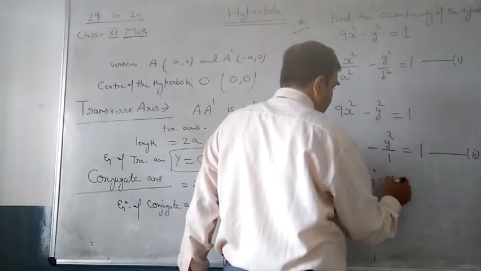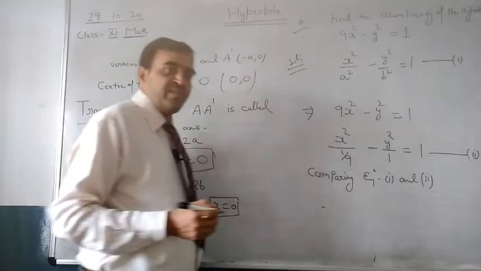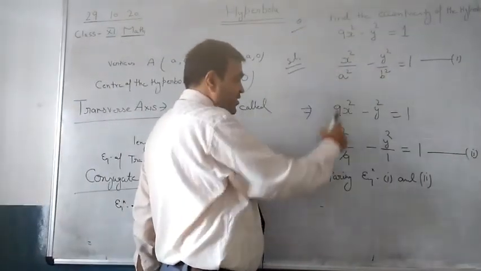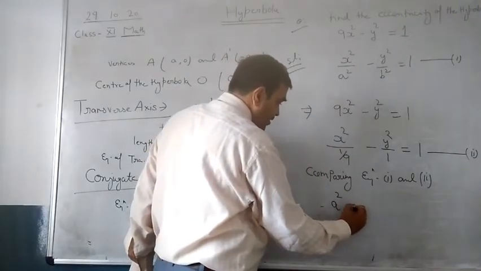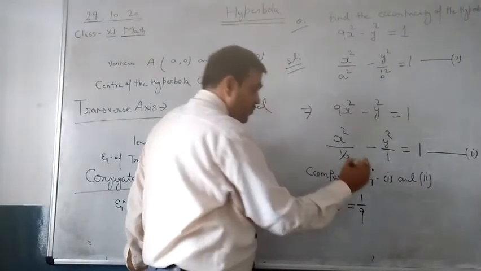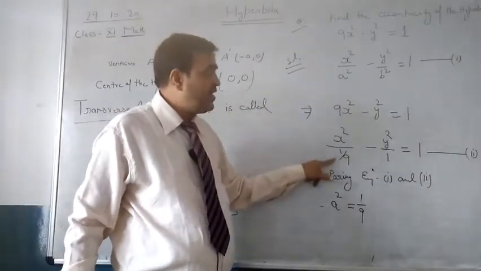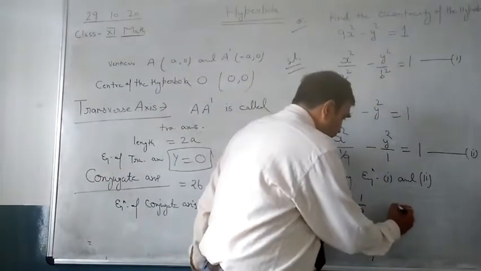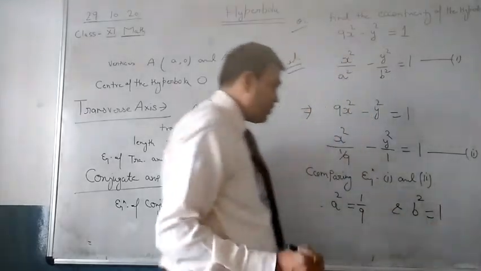Comparing equation 1 and 2, we have a square is equal to 1 by 9 and b square is equal to 1.